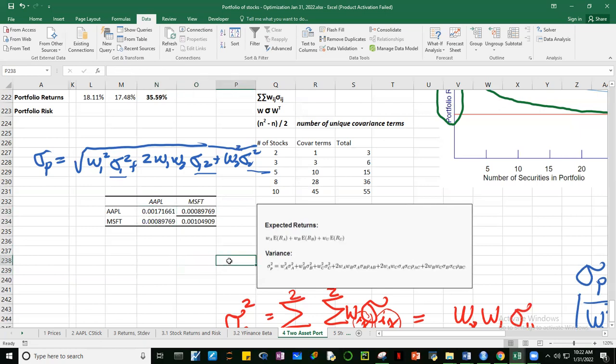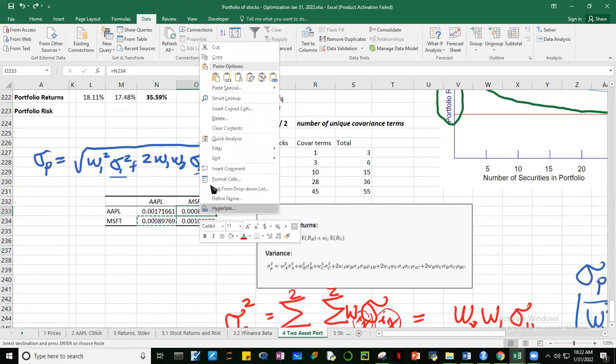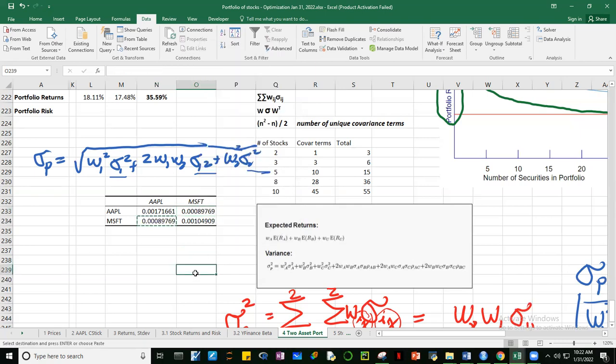Okay. Oops, dali. Control C, just the value. Okay. All right. So ang tawag dito guys sa matrix na to, this is called your variance covariance matrix.